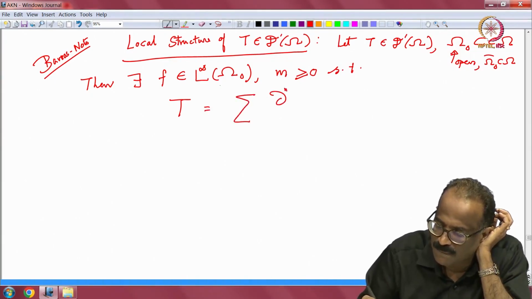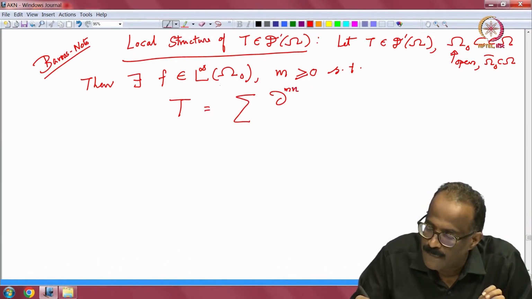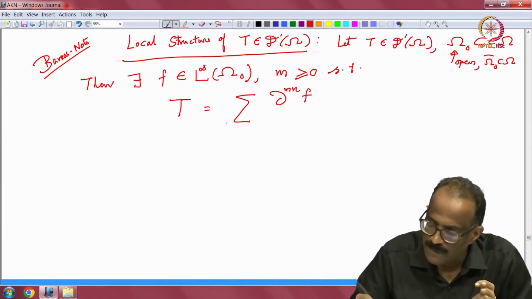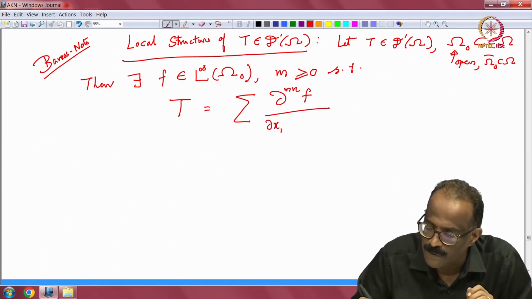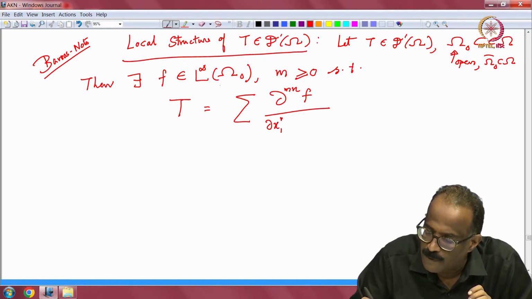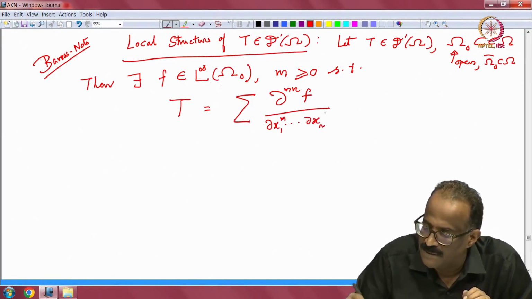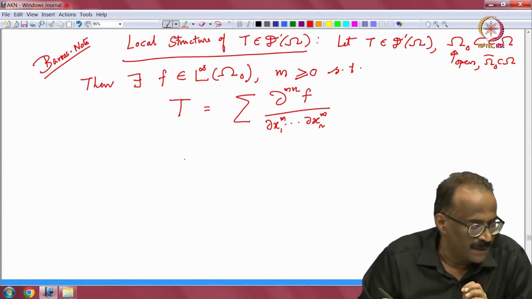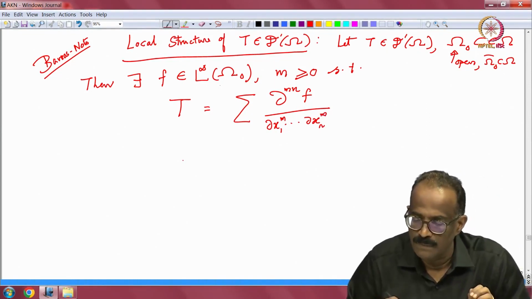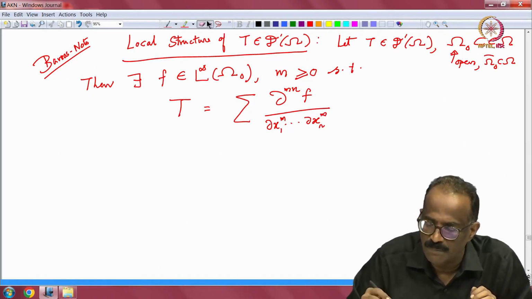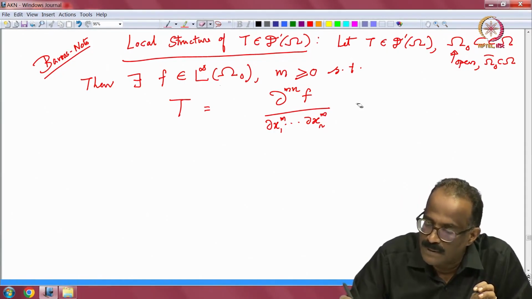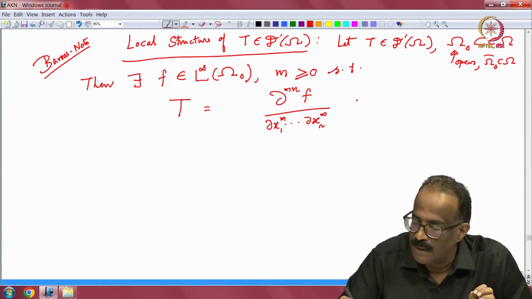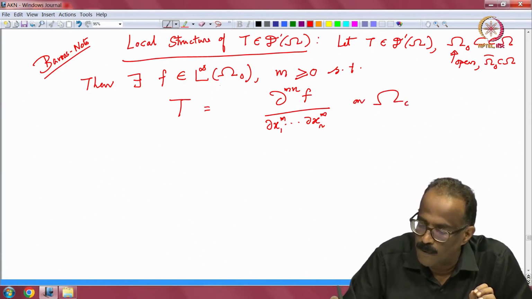We do not know m. The derivative in dx1 power m1, etc. You can write it maybe in different ways. Not necessarily even a summation, I think this is not necessary, on omega naught, some derivative. Okay.